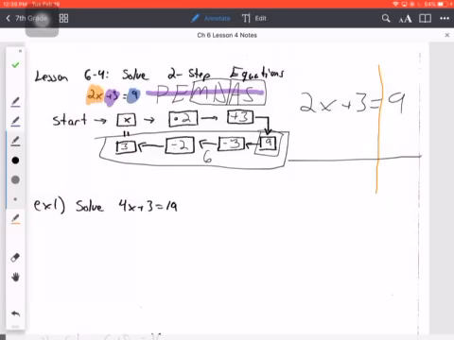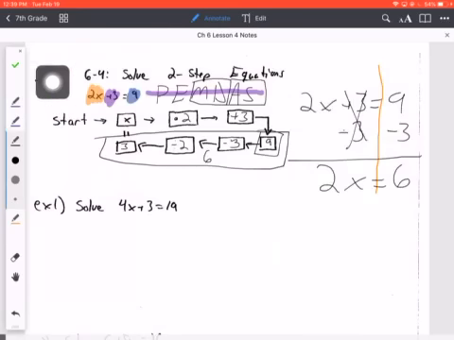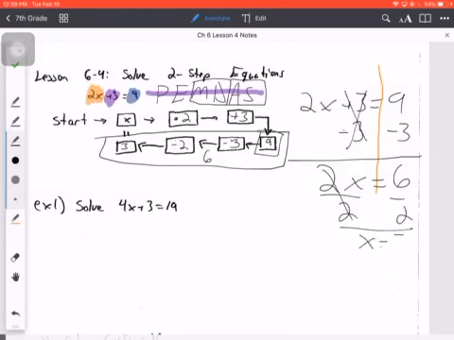The first thing that was done is I got rid of this plus 3 by creating a 0 pair and subtracting 3. So that created a 0 pair. All that remains now is 2x, and 9 minus 3 is 6. Now I'm going to divide by 2 to undo this multiplied by 2. That simplifies to just x, and I'm still left with 3. So same answer, different way of visualizing it.